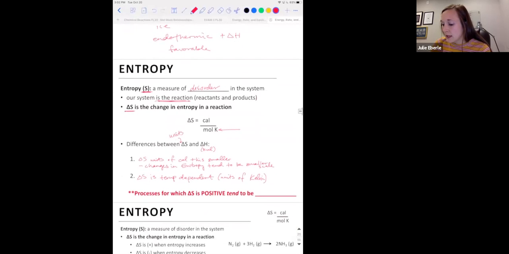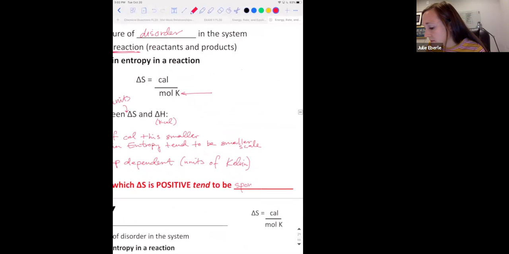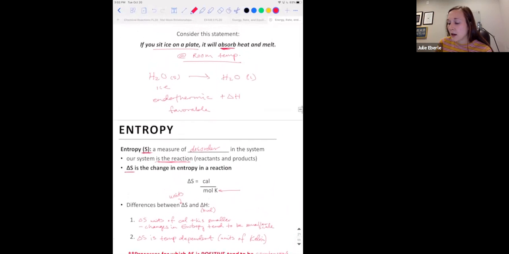So there we go. Now, this last statement down here says processes for which delta S is positive tend to be spontaneous. And remember, we can always substitute that word for the word favorable. Okay, spontaneous or favorable. So up here, where was it?